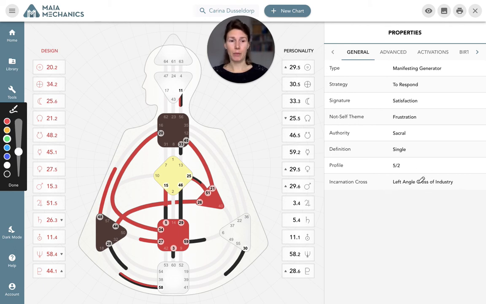For me, it's the left angle cross of industry, and it's left angle because my conscious profile line is the 5, and the left angle crosses are all the profiles that start with a 5 or a 6. So it's only 4, I think, in total: the 5-1, the 5-2, the 6-3, and the 6-2. And those are the left angle crosses.